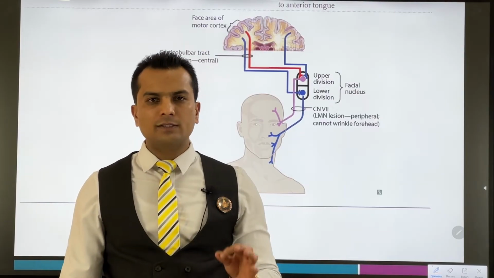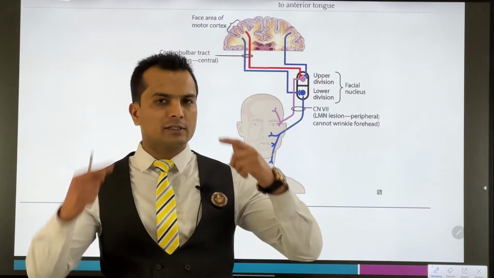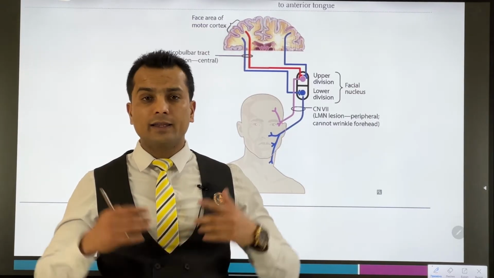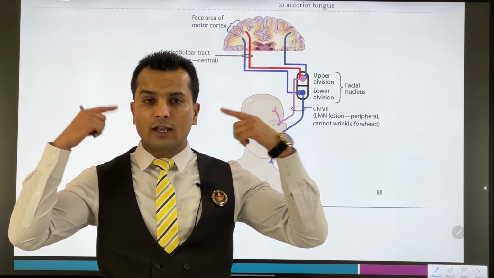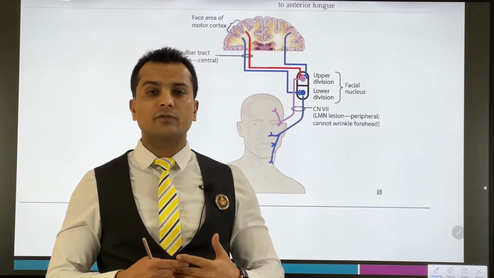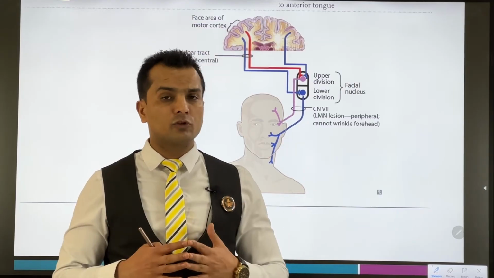So facial nerve palsy is common in case of stroke, injury to your brain, or injury at the level of the pontomedullary junction, because the facial nerve, the seventh cranial nerve, originates from the pontomedullary junction.